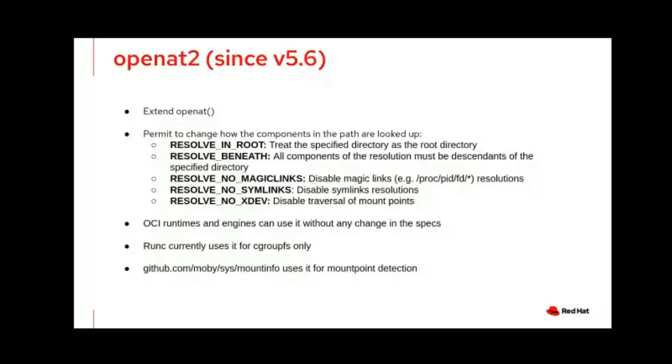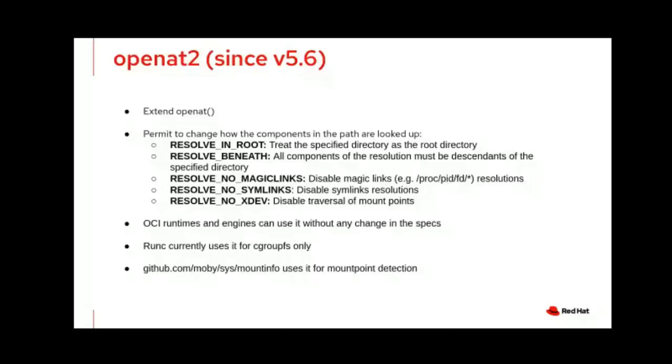It was previously addressed by doing lots of checks in user space. For runc and Golang, there's a package called securejoin that lets you join the prefix and the path within the prefix, and it made sure that the path is not escaping this prefix.